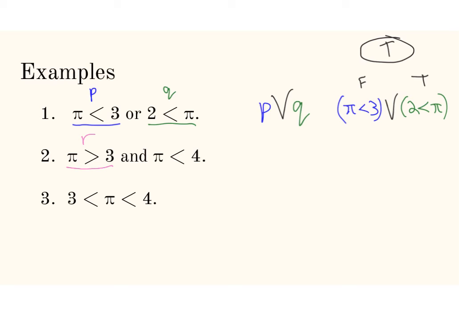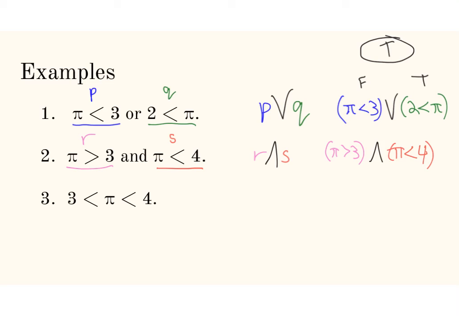And we have the statement pi is less than 4. We'll call that S. Okay. If I just purely use symbols, it would be R and S. But again, that doesn't say much. So I'm going to write this as pi is greater than 3 and pi is less than 4.